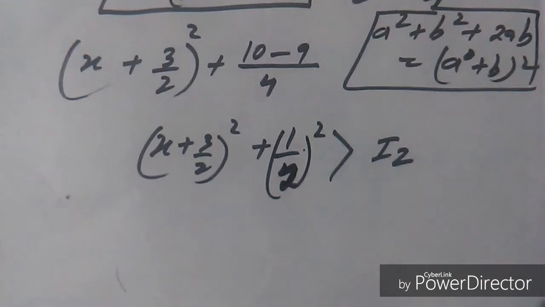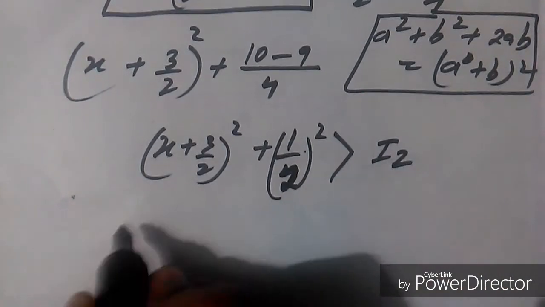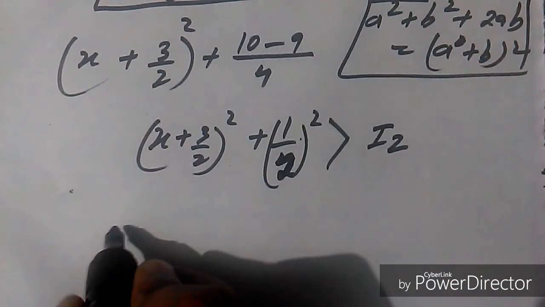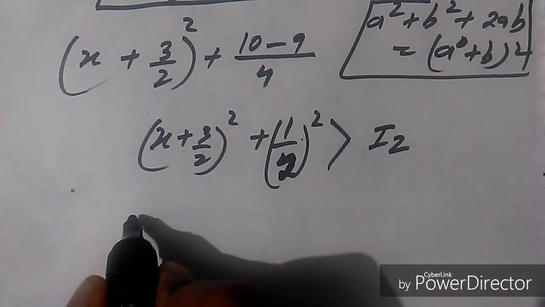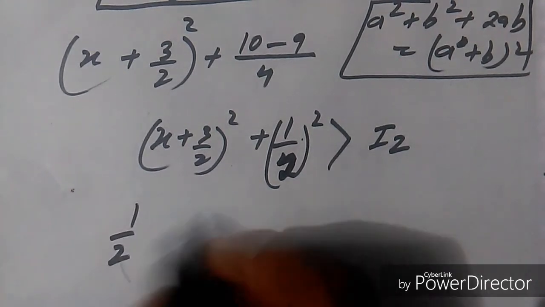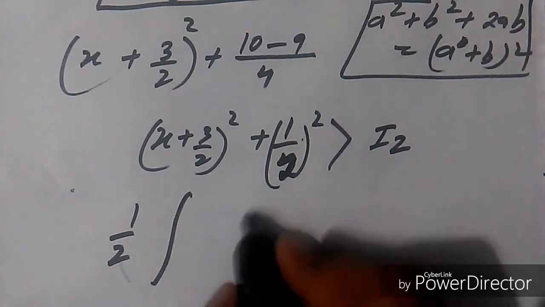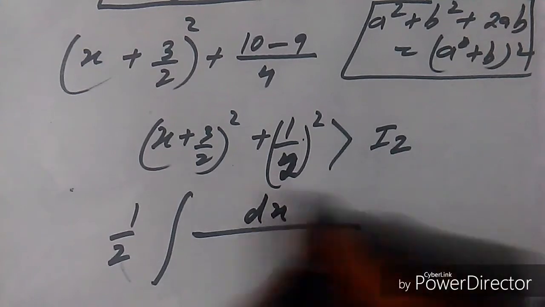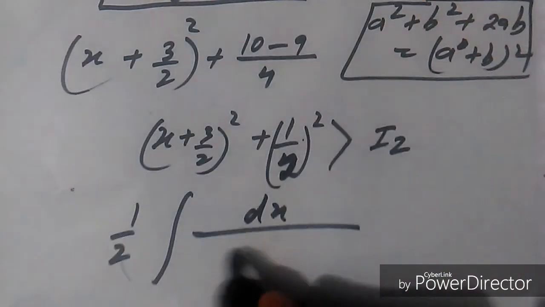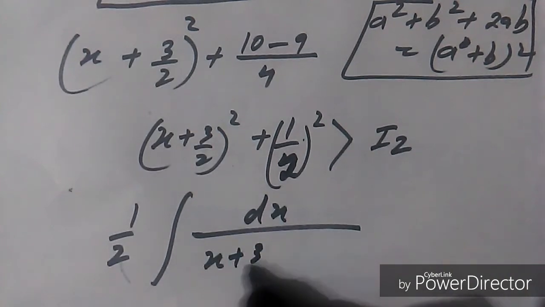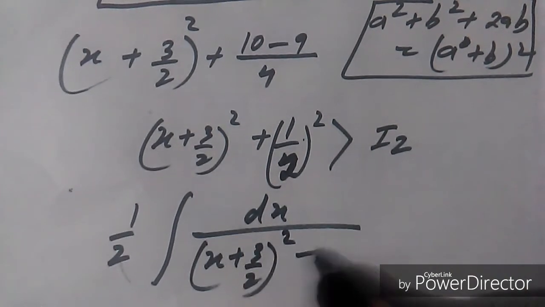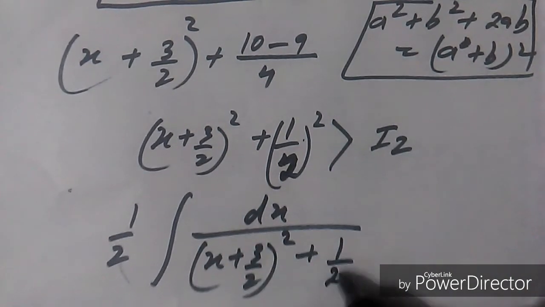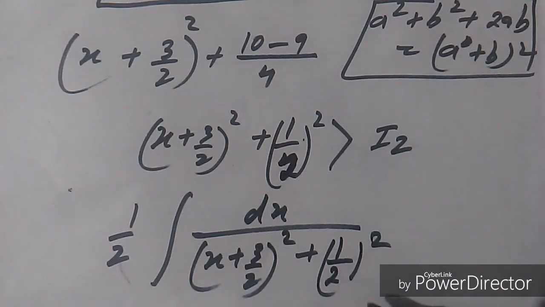Okay friends, now we put this in I2, and the I2 equation is 1 by 2 integration dx by, and we put, that is (x plus 3 by 2) square plus (1 by 2) square.